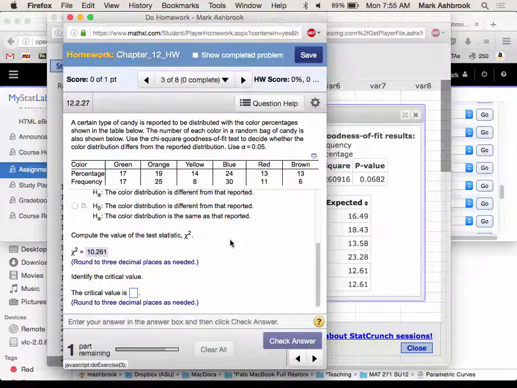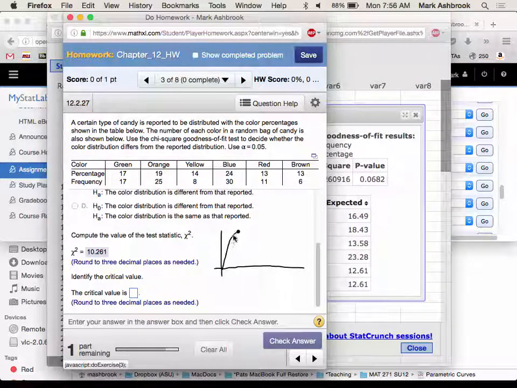All right, and the critical value is going to come from our alpha of 0.05. And how do we get the critical value? Okay, so we're using the chi-squared chart. Remember what kind of distribution that is?